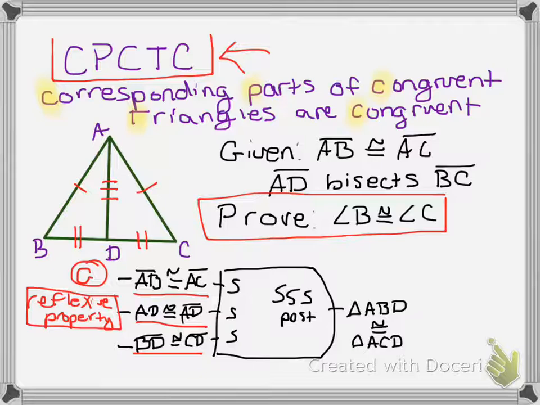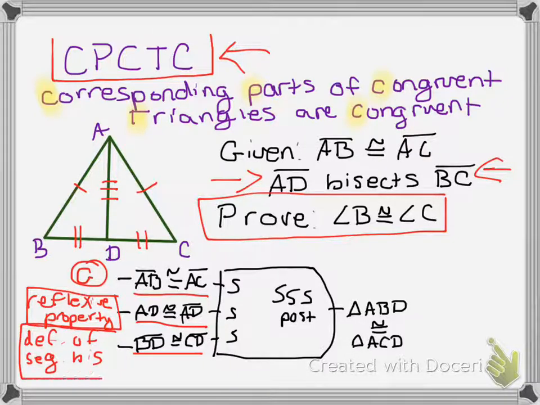And then how did we know that BD was congruent to CD? We got that from this. We knew that AD bisected BC, so we know that these two pieces of the triangle are congruent because of the definition of a segment bisector.